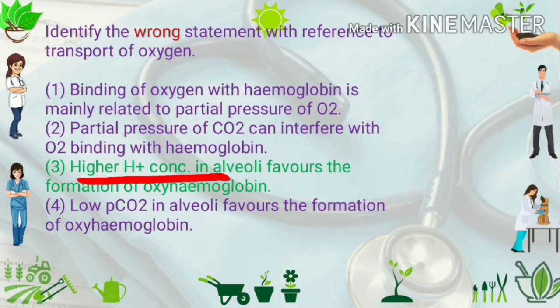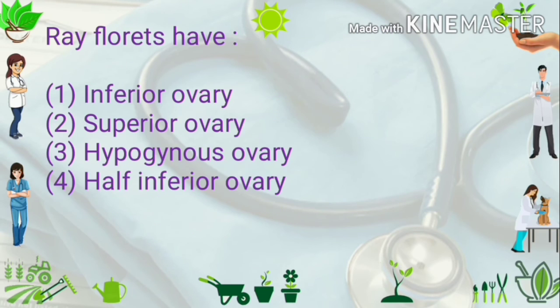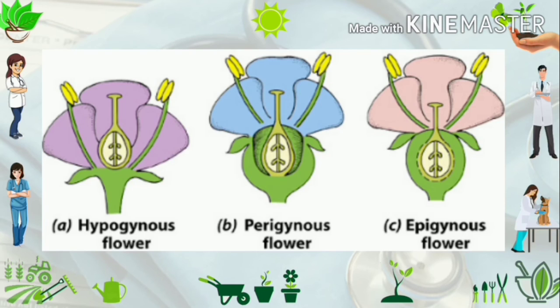formation of oxyhemoglobin. Next question, ray florets have inferior ovary, superior ovary, hypogynous ovary, half inferior ovary. We know that the flowers can be classified into three based on the position of ovary: hypogynous flower, perigynous flower, and epigynous flower. In hypogynous type, the thalamus is dome-shaped and the ovary is superior.